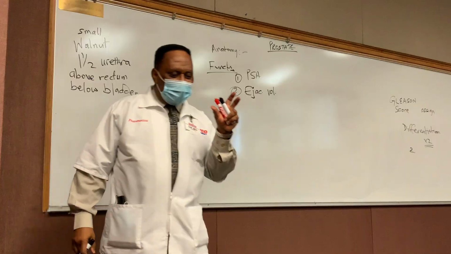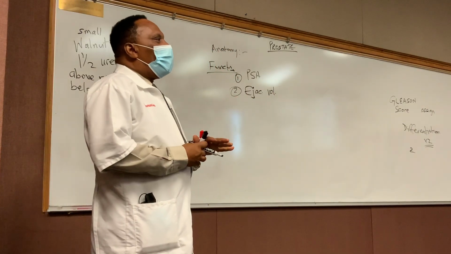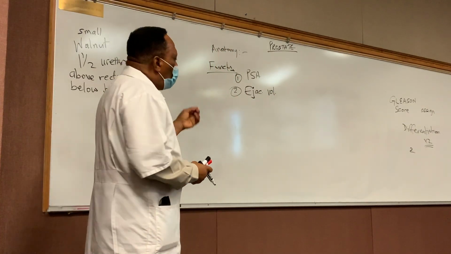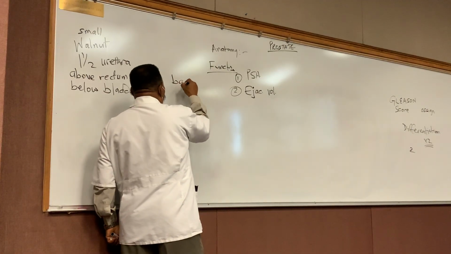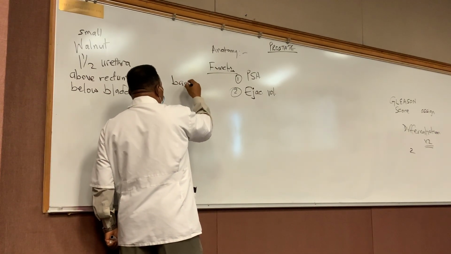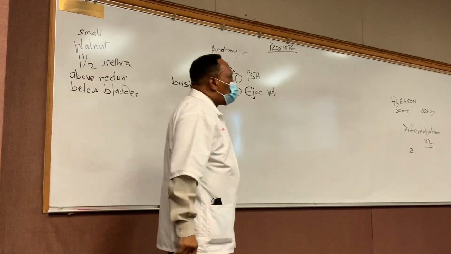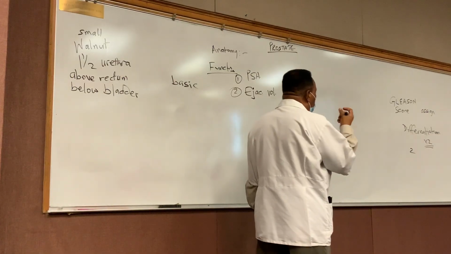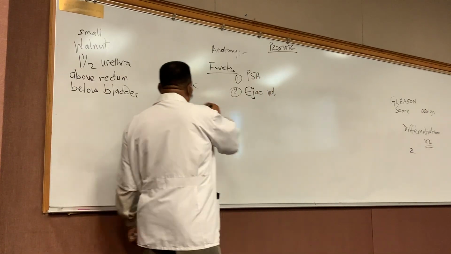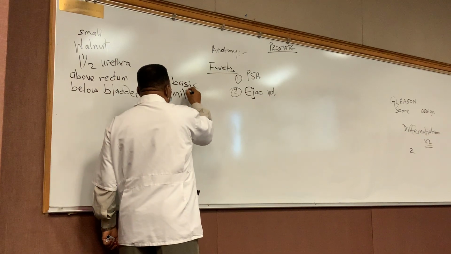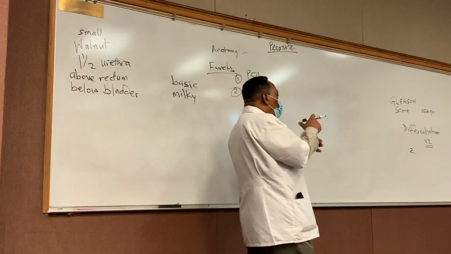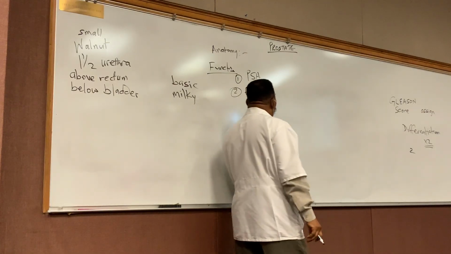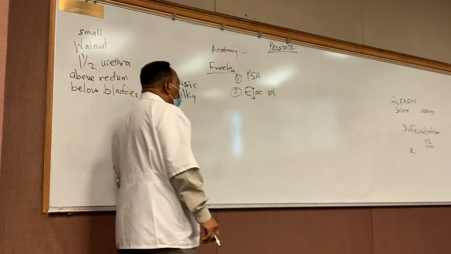It secretes a fluid that is basic in nature, that is in terms of pH, and that is kind of milky, and it adds volume to the ejaculate that comes out.